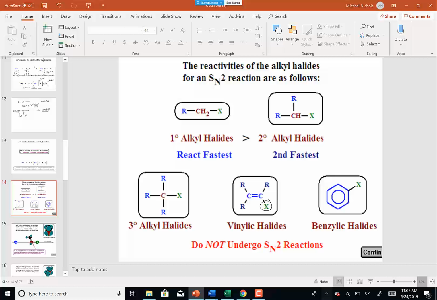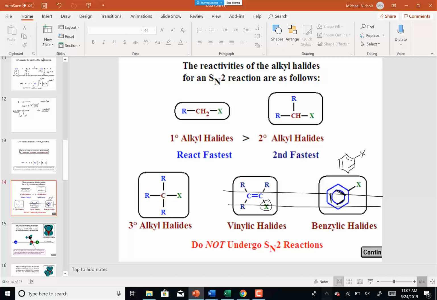Benzylic halides, where you've got this circle, which I really shouldn't have in here, but the circle represents 3 alternating double and single bonds. So a benzylic halide has a benzene ring attached to the halogen. Now these two do not undergo SN2, and they will not undergo SN1 that we'll talk about tomorrow.